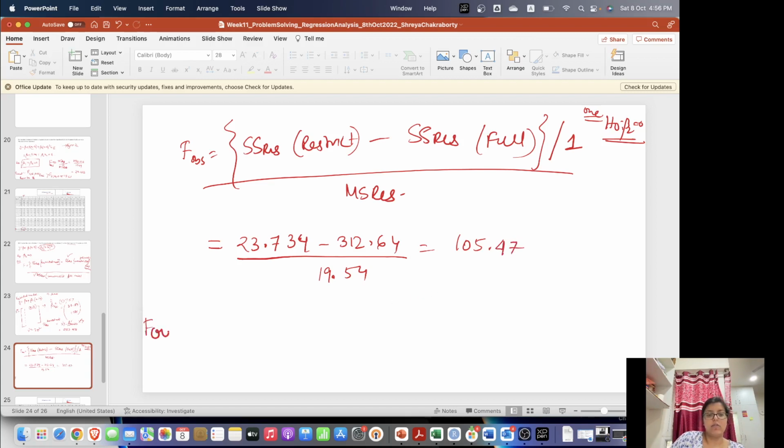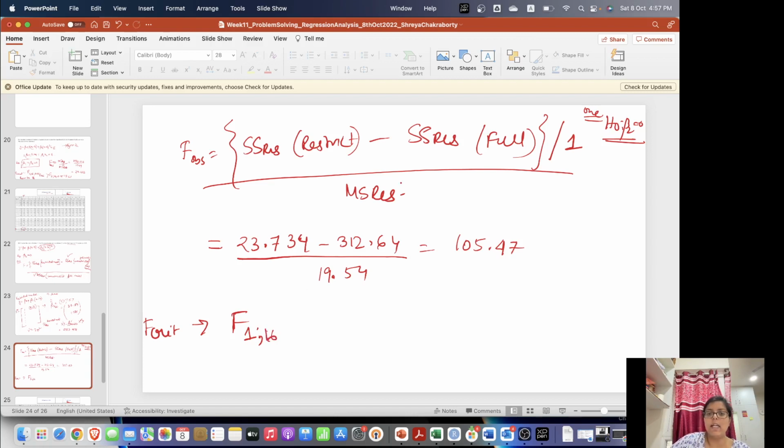And the critical value would be, what would be the degrees of freedom? 1 and 16.